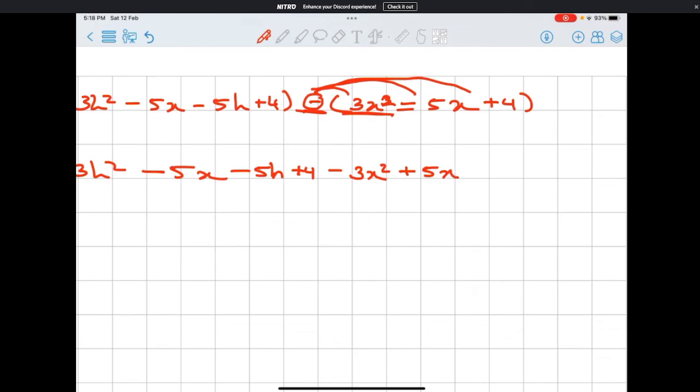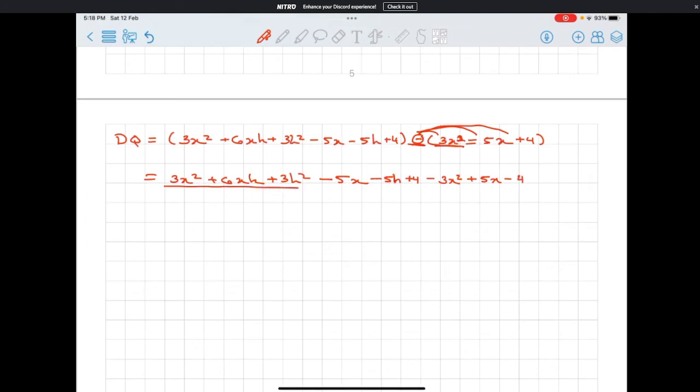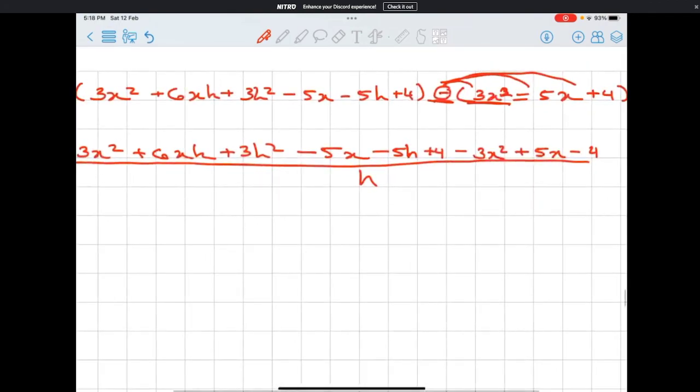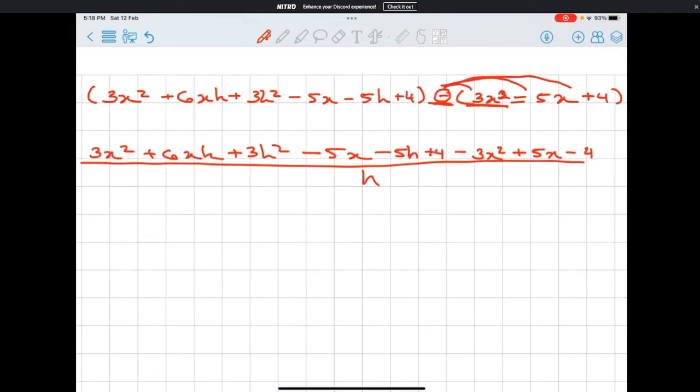And then negative and positive is going to give us minus 4, all over h again. Okay, so now let's take a look at this. Can we cross out anything? We have negative 3x squared and positive 3x squared, so this can go. And then we have a positive 5x and a negative 5x, so this can also go.